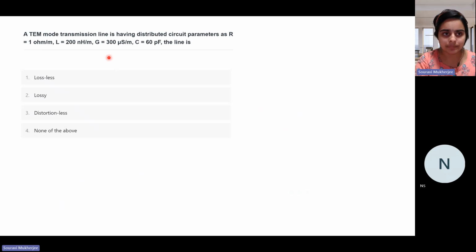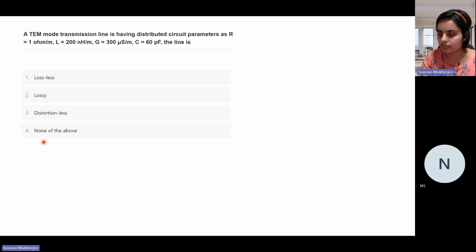Okay, so that's important. And now it asks which of the cases is true: whether it's lossless, lossy, distortionless, or none of the above. Based on whatever we discussed, you know all the parameter values.